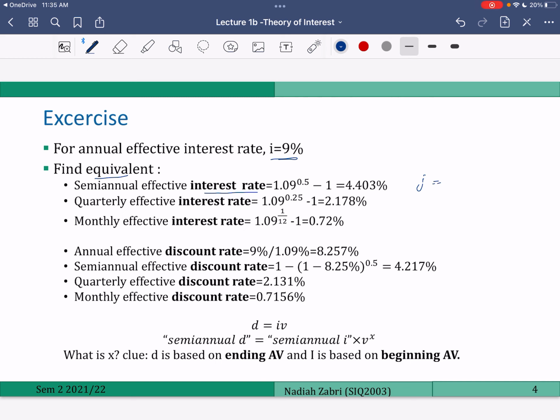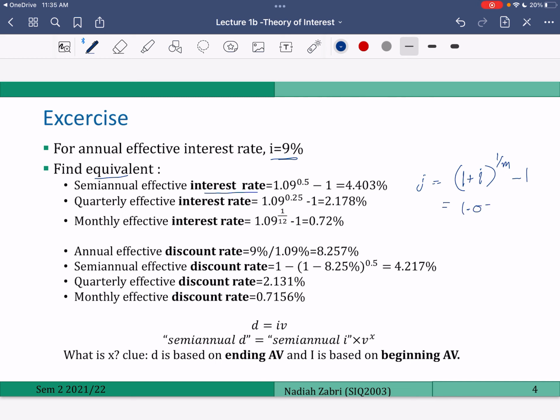So like what we know just now, J is 1 plus I to the power of 1 over m minus 1.